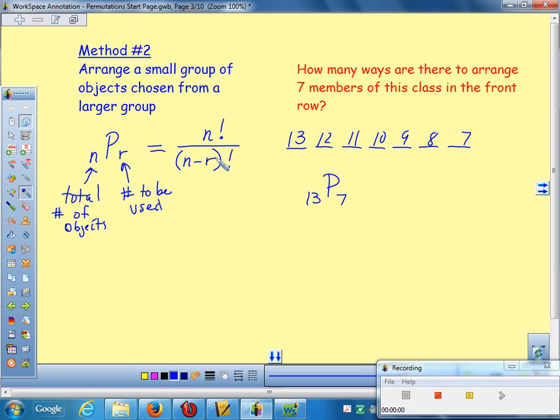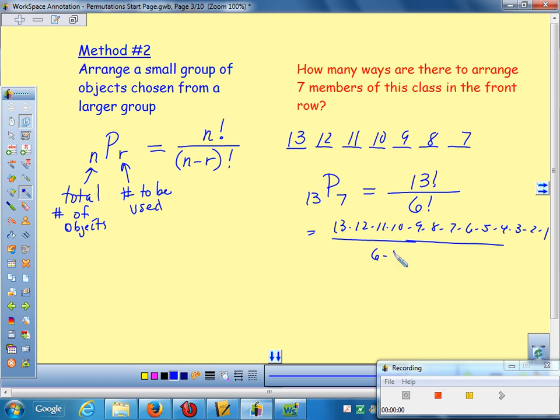Let me show you here with the 13P7. Following that rule, it's going to do 13 factorial, and it's going to divide by what? 6. 13 minus 7. Okay. If you actually wrote that out, and you don't necessarily need to write that out, I'd have 13, 12, 11, and so on, over 6 factorial.